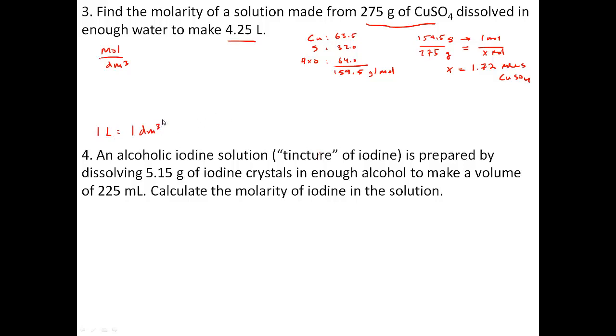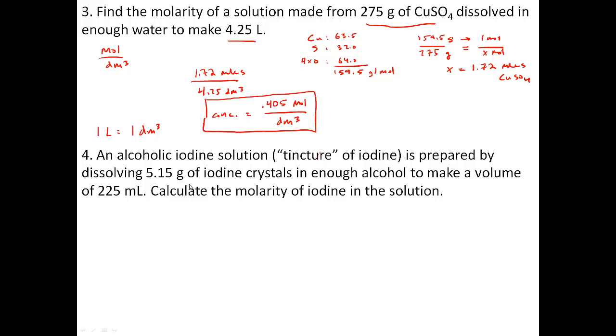So if we want to figure out what the molarity is in moles per decimeter cubed, we just take our moles, 1.72 moles, divide it by our liters or decimeters cubed, 4.25 decimeters cubed, and solve. If you work this out, it's 0.405 moles per decimeter cubed.